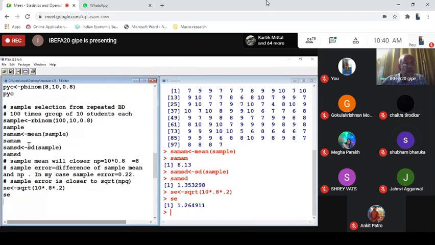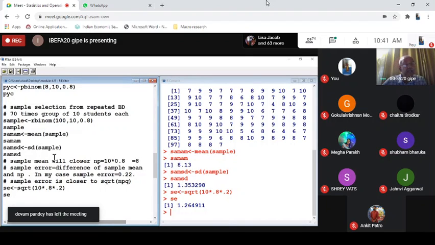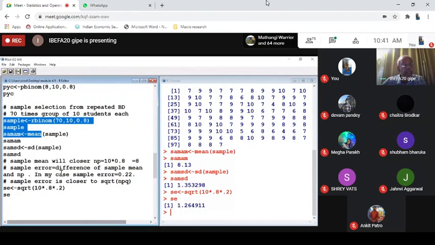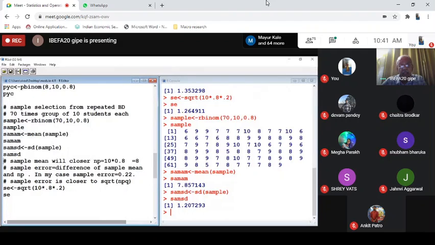So let me reduce now. 100 becomes, say, 70. I'm defining 70 as my random sample. How much is the error?